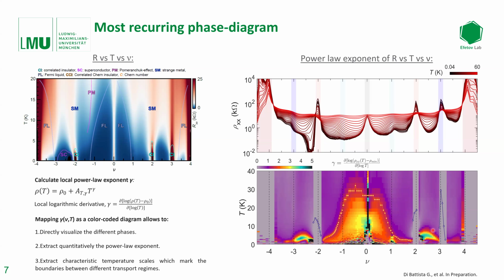Okay, so now the other thing which we noticed when we started plotting things this way is that, as you can see here, around filling factor 2, first of all, there's a strong asymmetry between the electron and hole dopings. And in particular, you can see here between -2 and -3, there are these dome-shaped regions with an onset temperature of around 10 Kelvin.